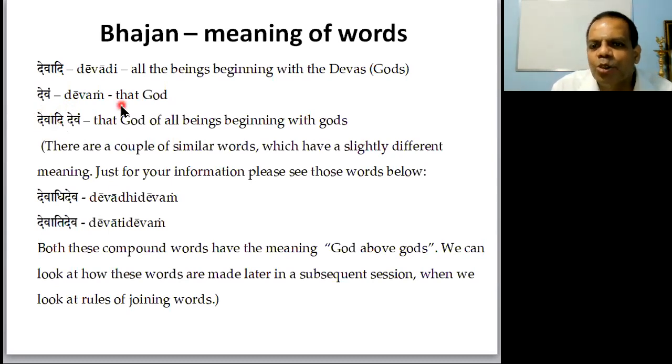Actually, the meaning should have been "to that God," but I didn't want to get too complicated. But you are right, that is why it's missing. This is the word by itself, but in the context of devadhi devam namami, I should put it. I hope that answers this question.